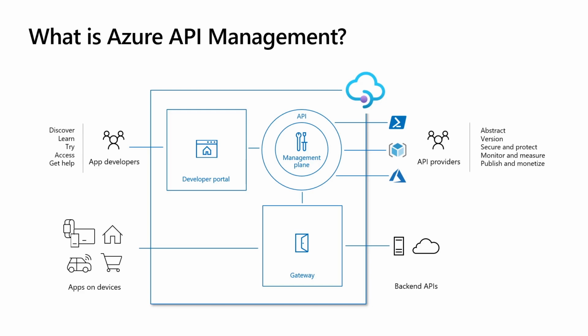The key component in API management is API Gateway, the one at the bottom. API Gateway is a mediation layer that serves all the API requests and responses. It is a proxy layer. And lastly, there is a developer portal, which is a website which surfaces all the APIs to application developers.